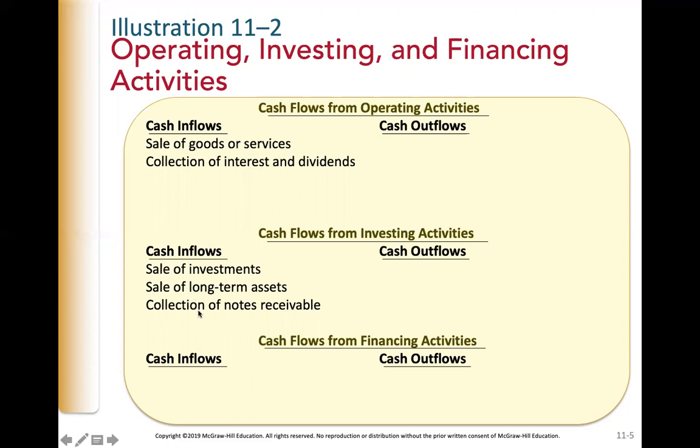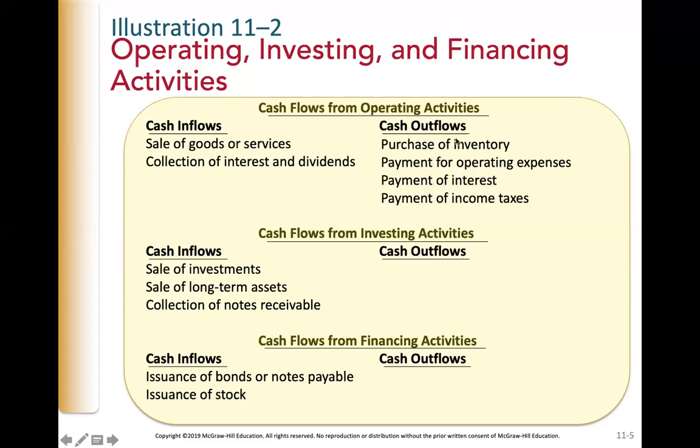So we're looking at the long-term assets here, our property, plant, equipment, and then our notes receivable. Cash inflows from financing activities would be if a company issued bonds payable or notes payable and issued stock. In all of these, you would be debiting cash, so your cash is an inflow.